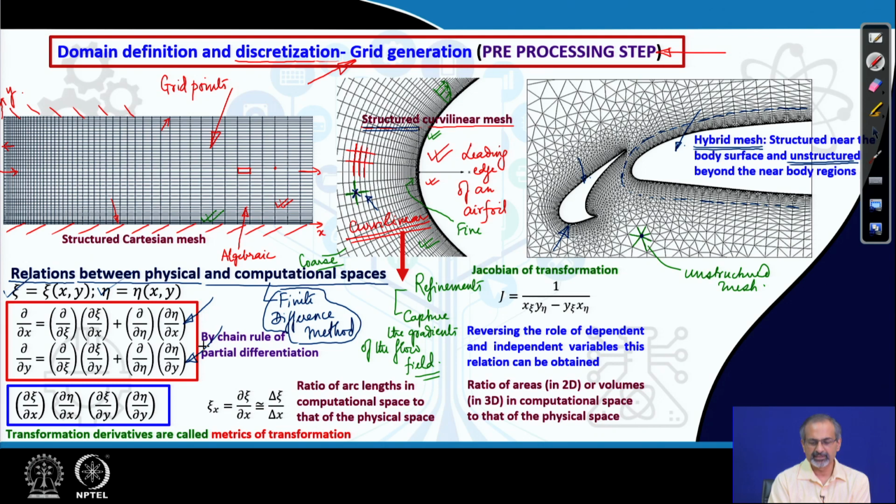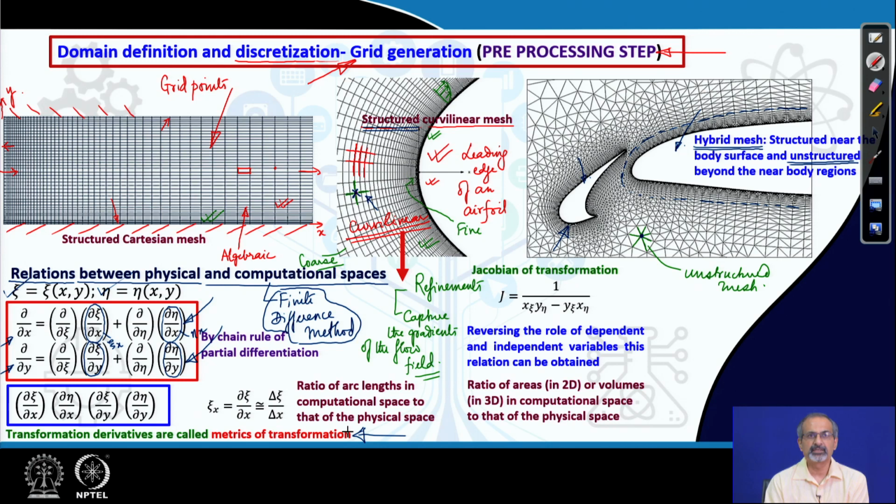So, each one of them would have to be transformed. So, by applying the chain rule of partial differentiation, you can write down the partial derivatives in a form like this, and then you see involvement of terms like this xi x, eta x, xi y, eta y and so on. So, this can be written as xi x, this can be written as eta x, etc. So, these are called as metrics of transformation.